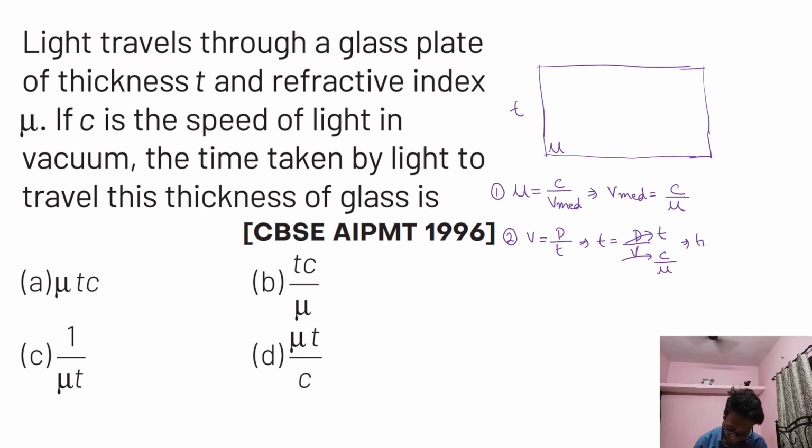So the time taken is T divided by C by mu. This mu goes upward, and the time taken is equal to T into mu by C. Option number D.